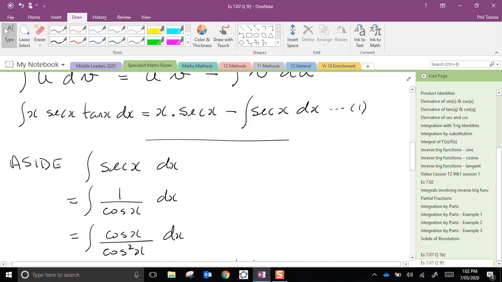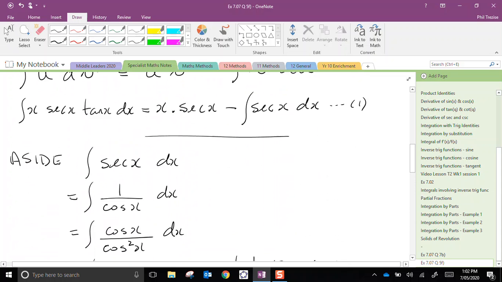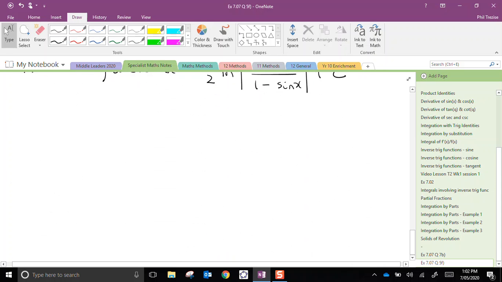Now that completes the first aside that we were doing, to find the integral of sec x. So now we can go all the way back here from point number 1, which is the question we were originally doing. Integral of x sec x tan x dx.